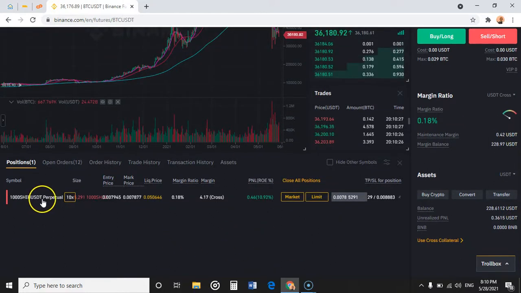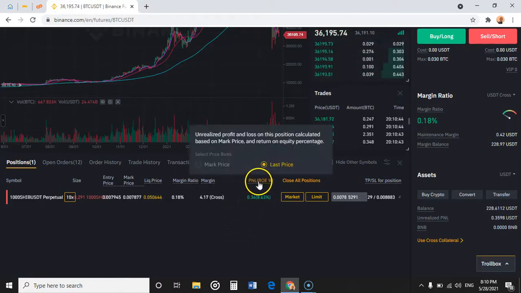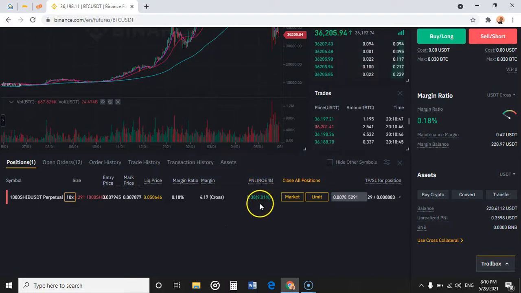This is an open position on the platform, and if you look at this, I'm using 10x, which is the leverage, that is the cross leverage, and here you will be seeing something like a P&L, which is also the return on equity, okay, which is about 9.01% at this current market price.